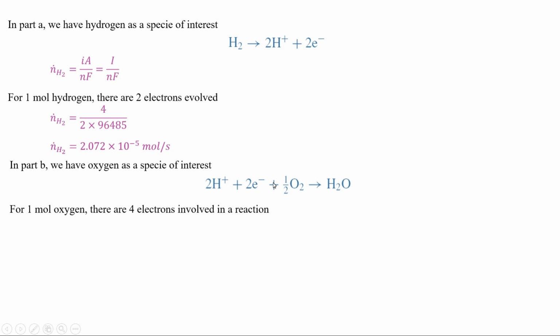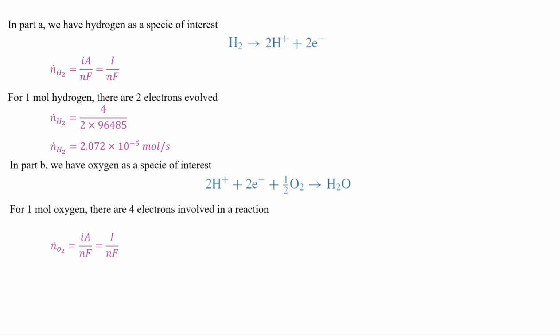So in 1 mole of oxygen, 4 electrons will be involved. So for oxygen the value of N is equal to 4, and again the molar flow rate of oxygen will be determined by Faraday's law, where N is the number of electrons involved in 1 mole reaction.